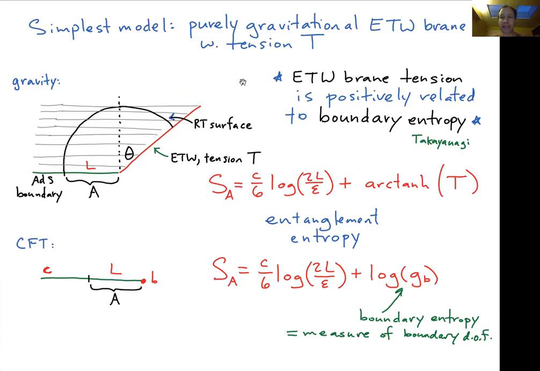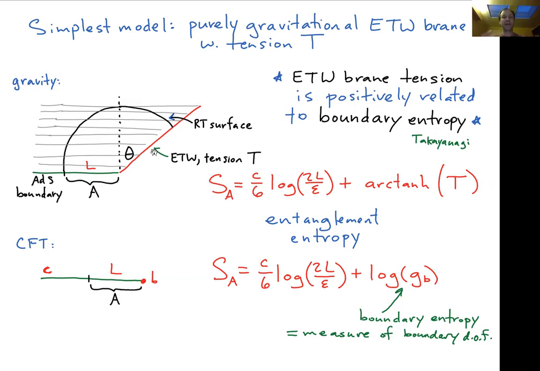I should mention that Takayanagi made an interesting observation about this tension parameter. If we think about just the very simplest sorts of solutions, where you would have just a CFT on a half space, and then some boundary, and we try to model that in the bulk by a solution to our gravity equations with an end of the world brane with some particular tension, then the solution looks like this.